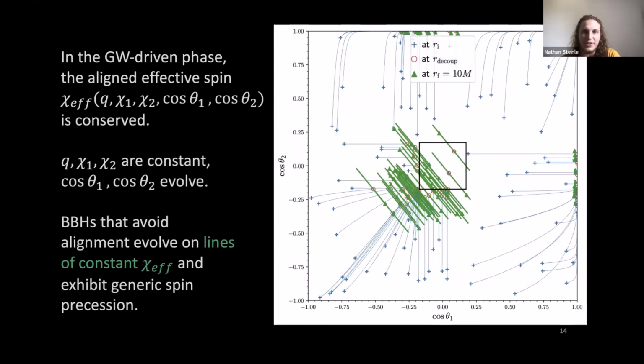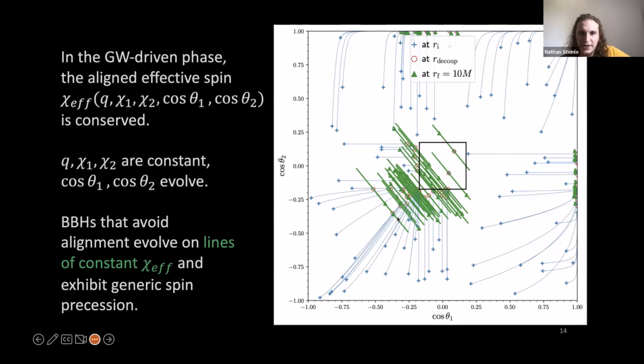And I'm going to skip this and move on to my last slide real quick, which everything I just showed was basically about the disk migration phase. But if you take a subset of those binaries that we just looked at and look at how they evolve in the gravitational wave-driven phase, they will essentially evolve on lines of constant chi-effective, where chi-effective is this post-Newtonian conserved quantity that depends on the masses and spins. But the mass ratio and the spin magnitudes are constant in the post-Newtonian inspiral.